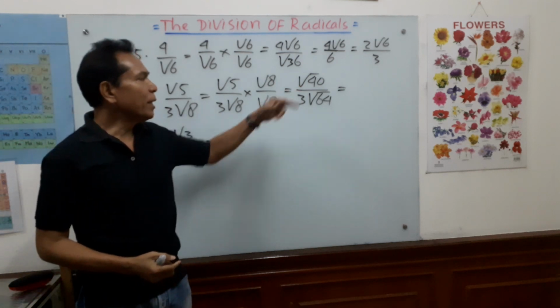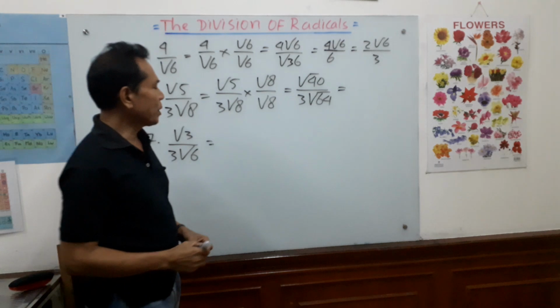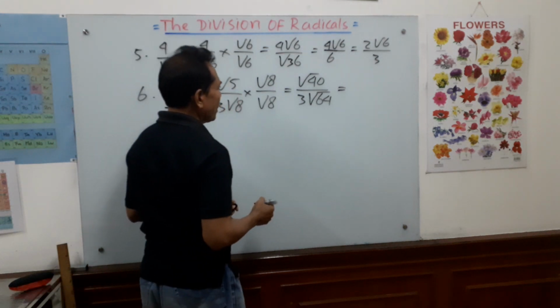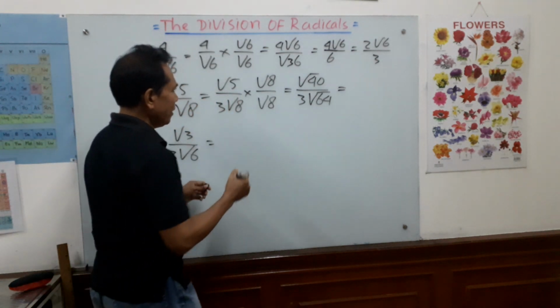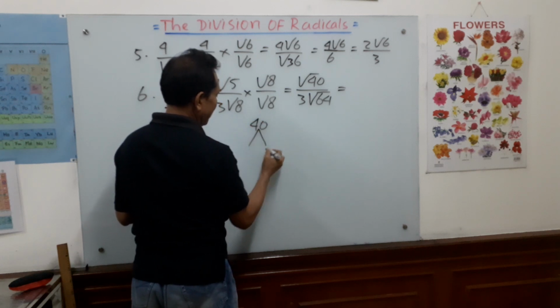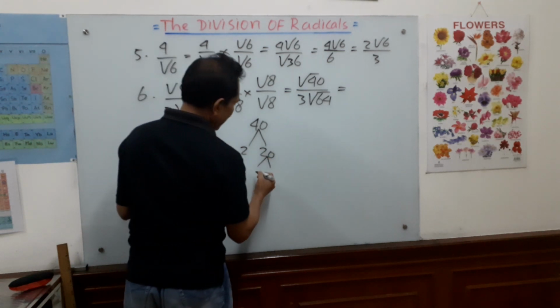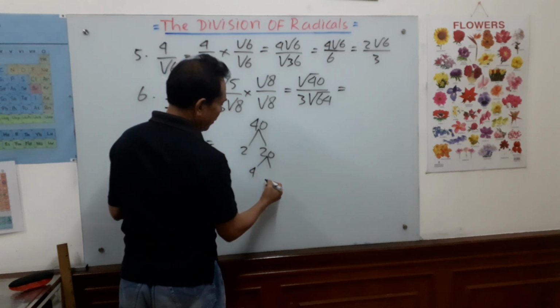Now, we need to simplify square root 40, okay? So let's use the factor tree. We use 40 here. Now if we put 2 here, then here is 20. Now here we have 4.